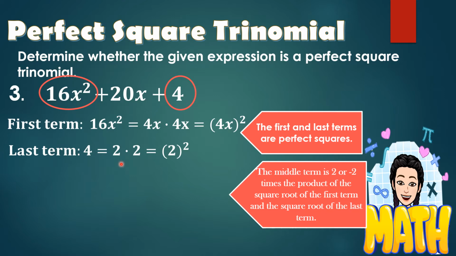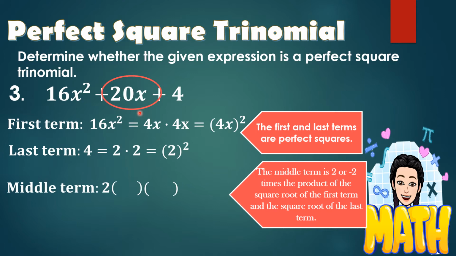For the middle term, dapat kapag minultiply natin ang square root nila na 4x at 2 sa 2 or negative 2, kailangan lumabas ang middle term na 20x. So, let's check. We have 2, since positive ang middle term, sa positive 2 tayo mag-multiply, times the square root of 16x squared, which is 4x, square root of 4, which is 2.